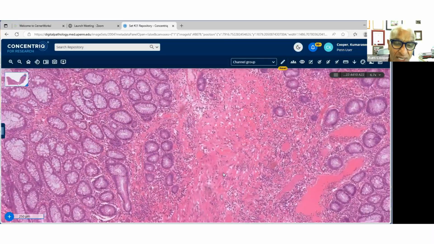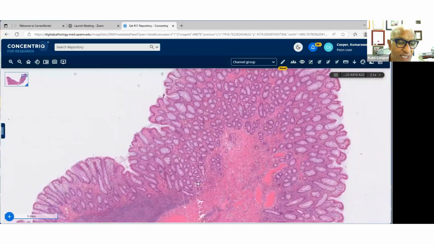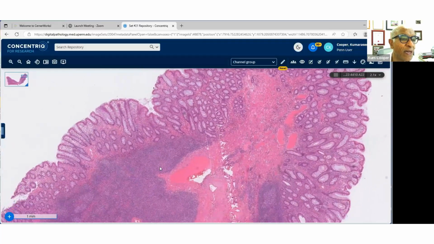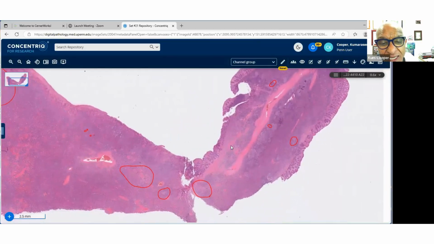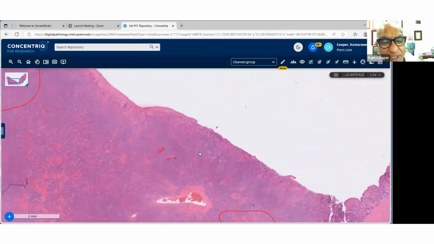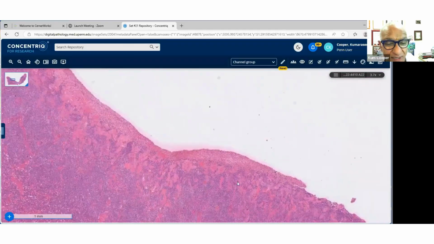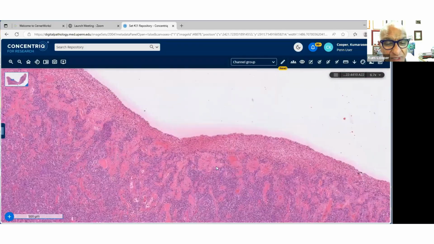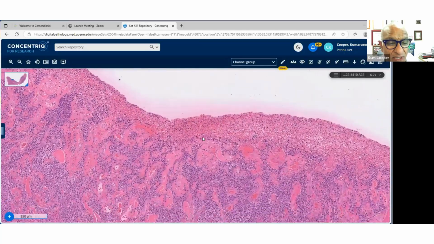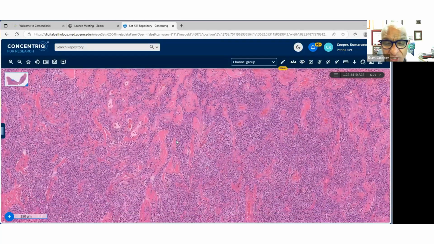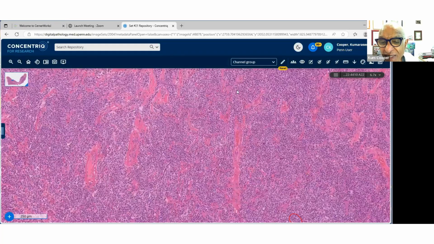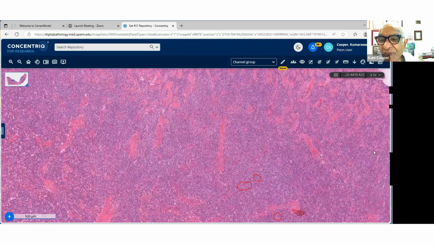But then as you drive down here into the stalk of it, it looks extremely cellular. On this side of this polyp, I think this is ulcerated mucosa. Some exudate on the surface, inflammation, lots and lots of chronic inflammation. And then I'm going to dive deep down into the central core of this polyp.